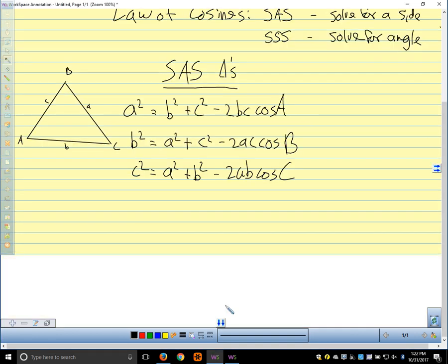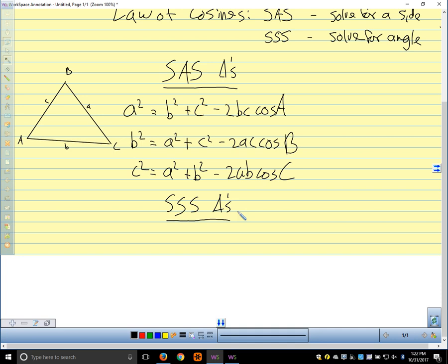All right. If we have a side, side, side triangle and we use law of cosines to solve for an angle, I'm going to write 3 more equations. But what these equations are is just taking this equation and solving for cosine A, this equation and solving for cosine B, and this equation and solving for cosine C. So you don't need to remember another equation.